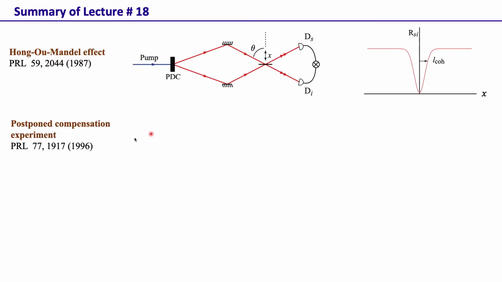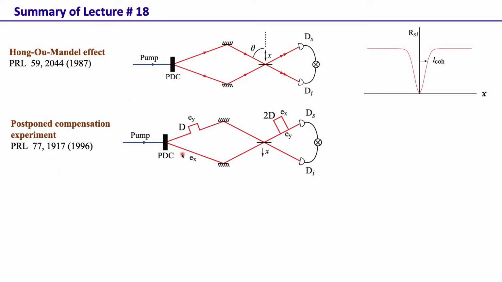But then this bunching interpretation was challenged in the postponed compensation experiment that was done almost 9 years after the Hong-Ou-Mandel effect. In this experiment, some delay was introduced in order to make sure that these two photons do not arrive at the beam splitter simultaneously. So, for this experiment people used photons with different polarization.